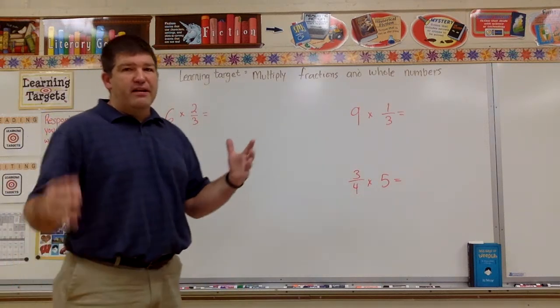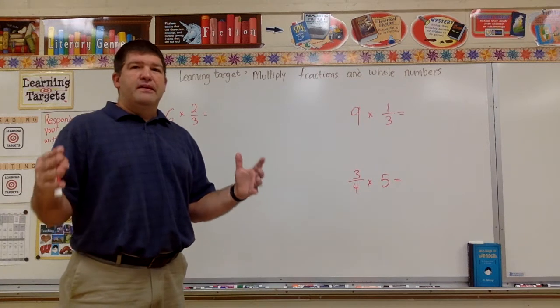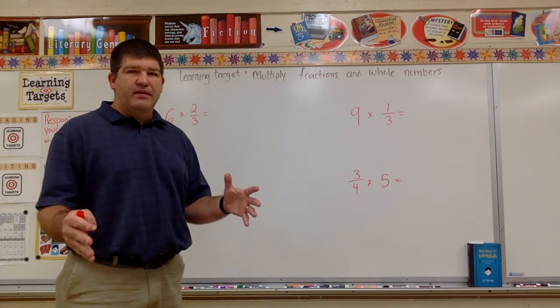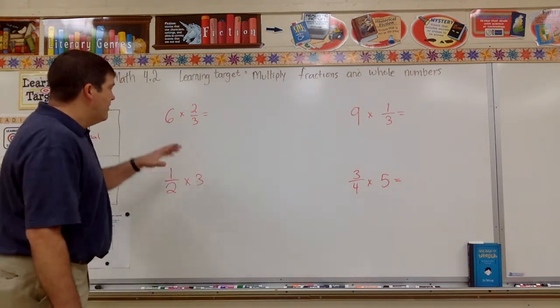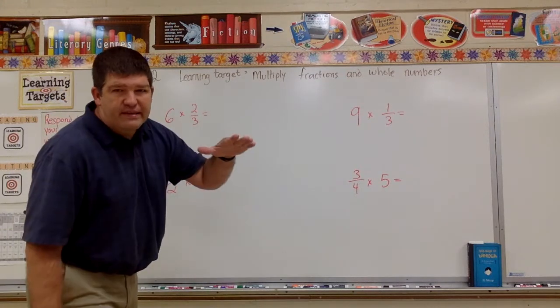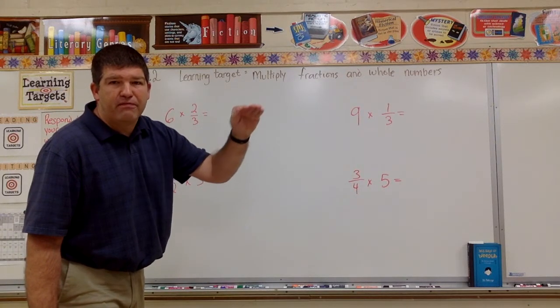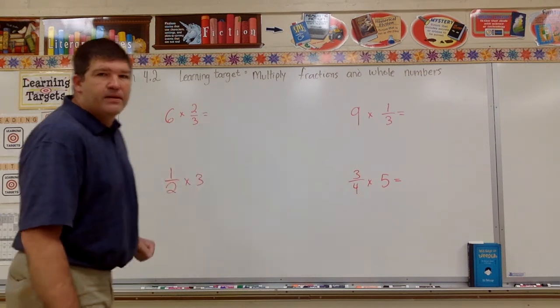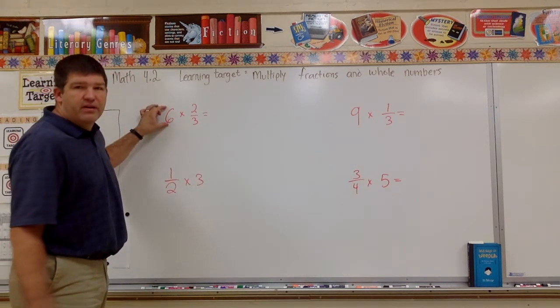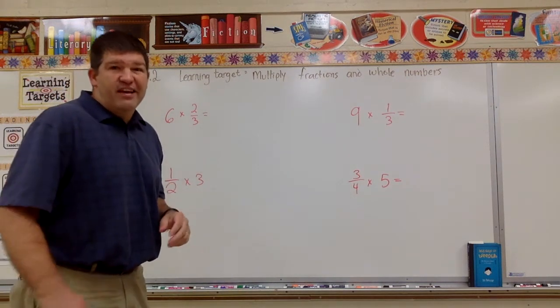But multiplying fractions and whole numbers is fairly simple when you understand it's so easy to multiply a fraction by a fraction. Okay? So I just got to make this whole number into a fraction, which isn't that hard.